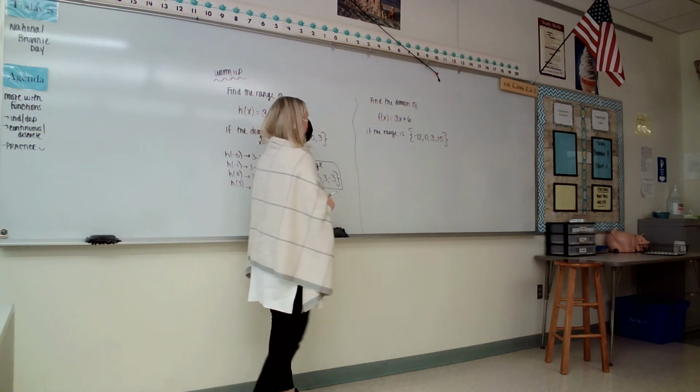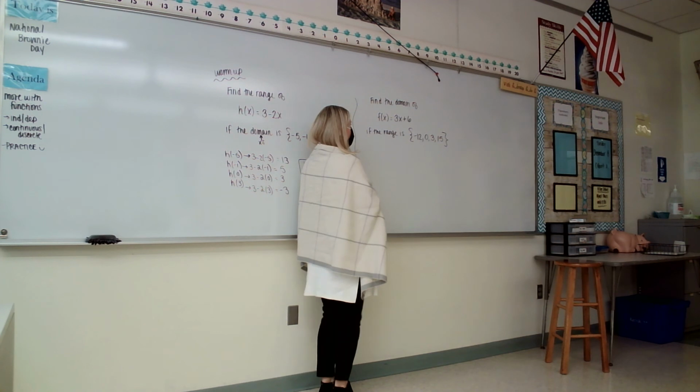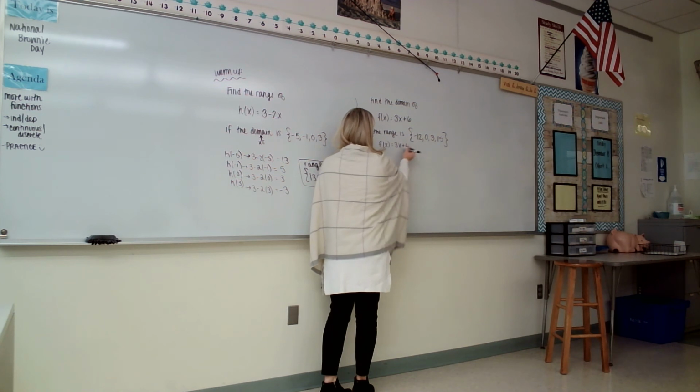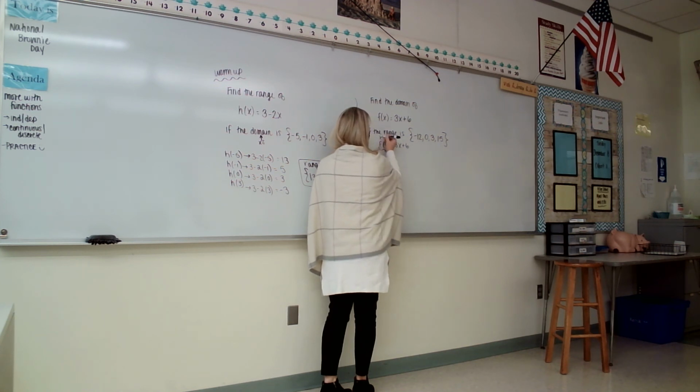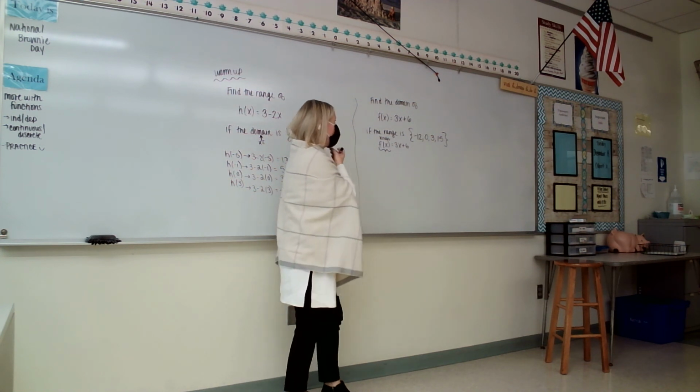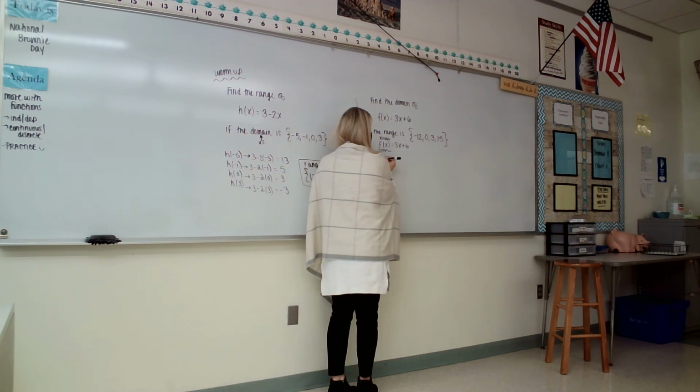So if I don't know the domain, if I don't know the x's, but I have the outputs, that means when I'm thinking about this function, I know this side. So when I say my range is -12, that means that -12 equals 3x plus 6. When I say 0, 0 equals 3x plus 6.